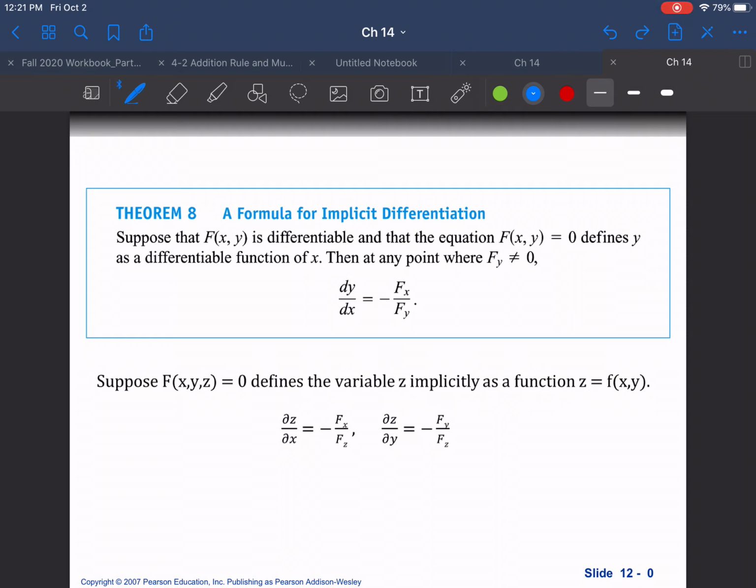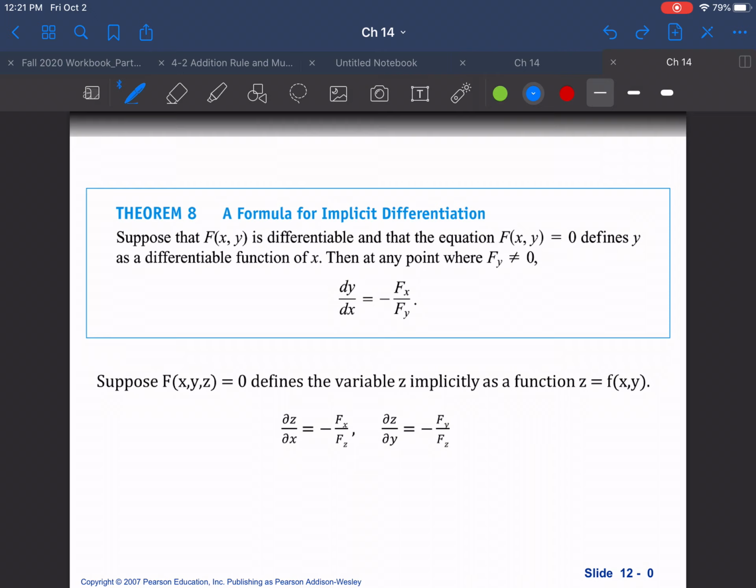Suppose that f of x, y is differentiable, and the equation f of x, y equals 0 defines y as a differentiable function. So if we set our z and just project this into the xy plane, essentially we get a function purely of x and y, and we can say y becomes a differentiable function of x, like our regular old ones.